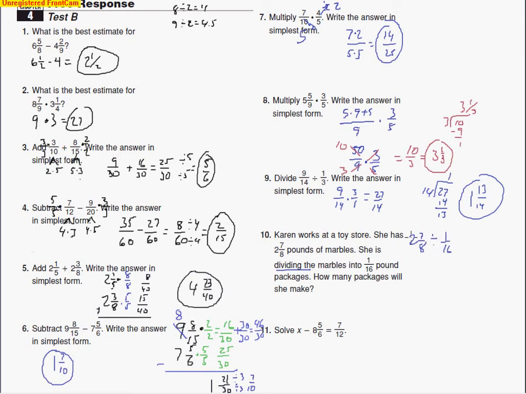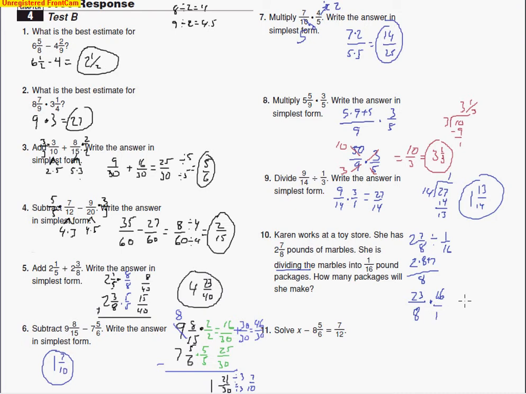And so when we do that, we've got to change this to an improper fraction. So 2 times 8 plus the 7, all over 8. That's 16 plus 7, which leaves me with 23/8, and I am multiplying by the reciprocal, so 16 over 1.